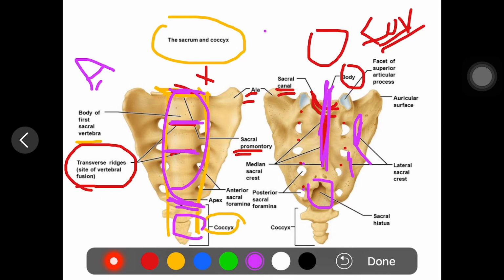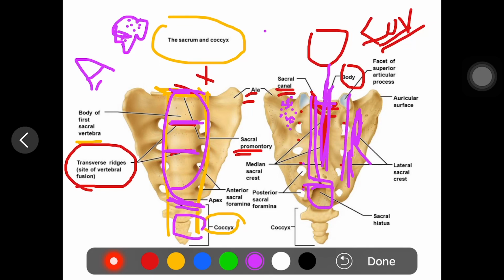This is the posterior side, where this sacral canal enters here and exits at the sacral hiatus. Any sharp end is a crest. Any tuberosity is like this, an irregular area.